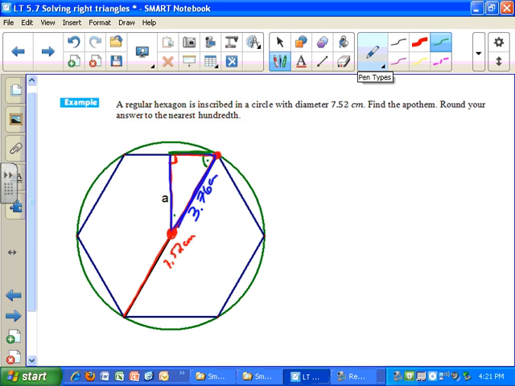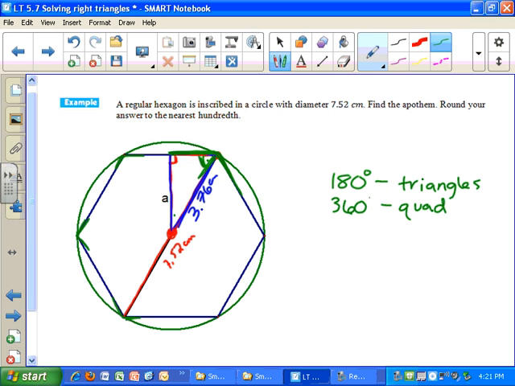So let's see if we can figure out how big this angle is. Well, it's half of that original angle of the hexagon, so if we know how big each of these angles is in that hexagon, then we can figure out that this angle right here is just half of that. Okay, so you might have to do some scratch work. There was a formula that you learned, but maybe you can say, okay, well, triangles have 180 degrees, and quadrilaterals have 360 degrees.